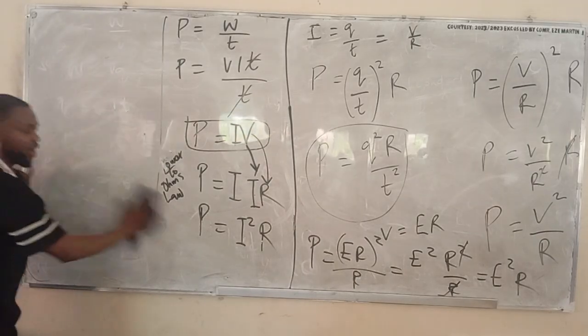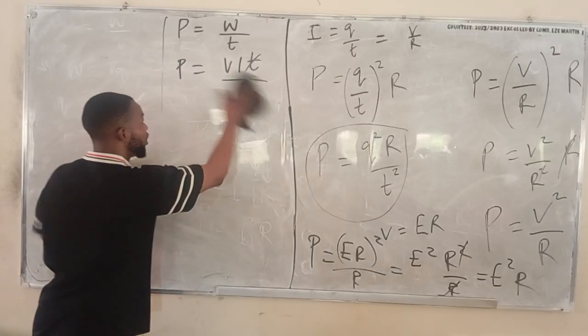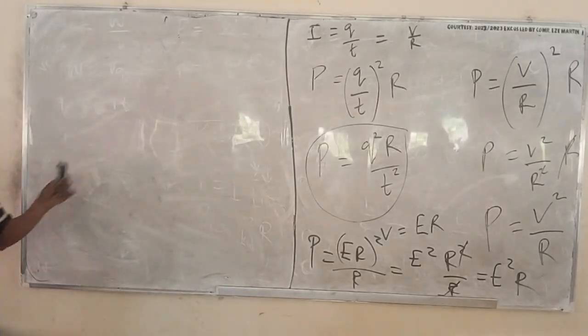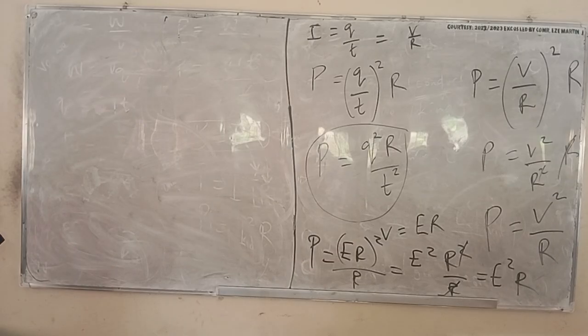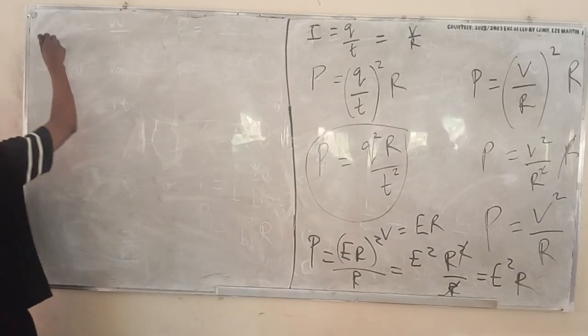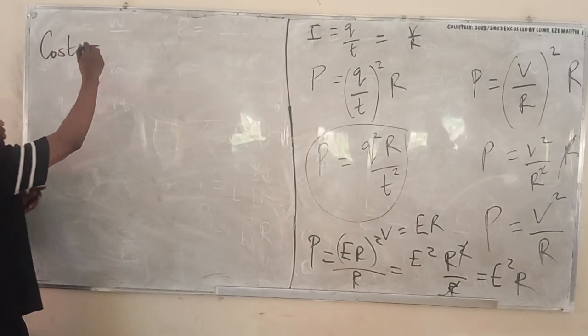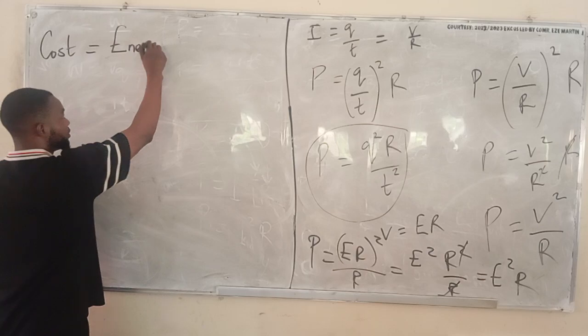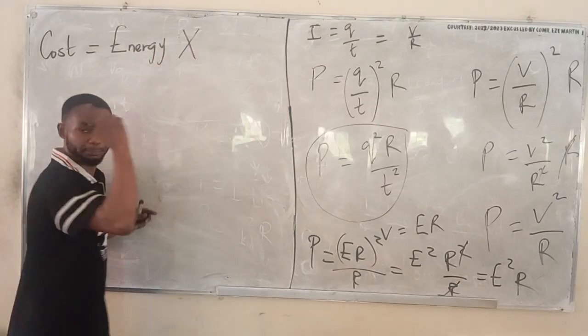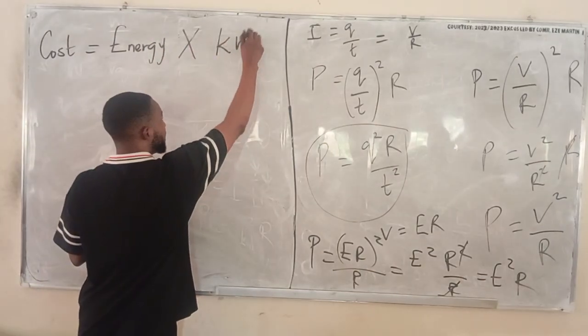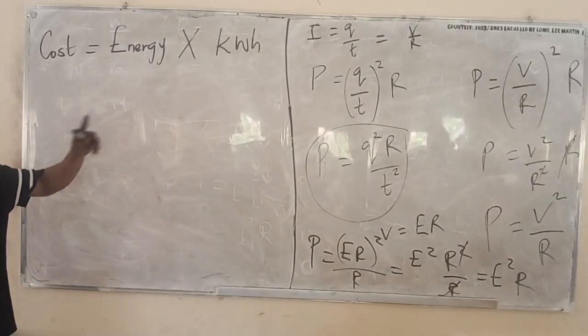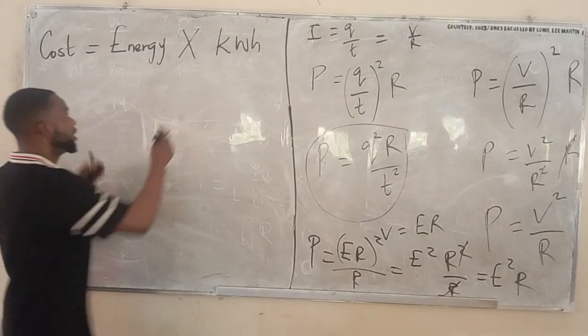If they ask you the cost of electricity, I want you to know that any question that asks you cost of electricity, for example, the current you use in your house, power holding EEDC charge you by energy, not by power. So if you know that, it simply means that anytime you hear cost, it's going to be simply energy times amount per kilowatt hour.